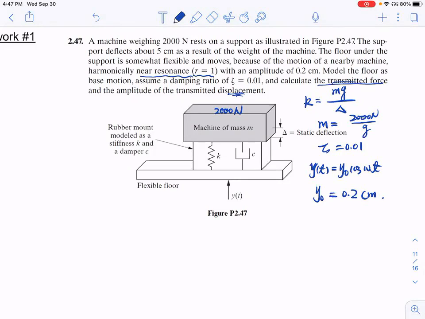As we discussed before, the transmitted force is the inertial force, and your input is your base excitation. So you already saw this a moment ago. That's your force transmissibility.